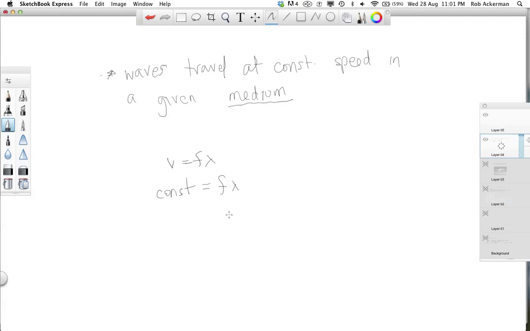So something interesting that happens is when you take a wave that's moving at a constant speed, if you increase the frequency, since you're multiplying that by the wavelength, to keep that product constant, the wavelength has to go down. And conversely, if you decrease the frequency, since you're multiplying that by another number to keep the product constant, the wavelength will have to go up.